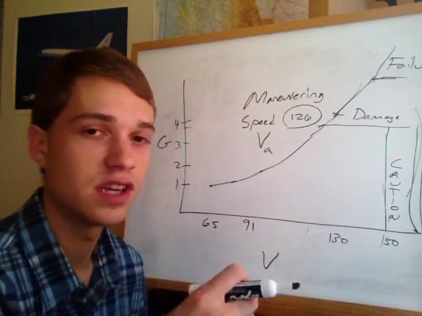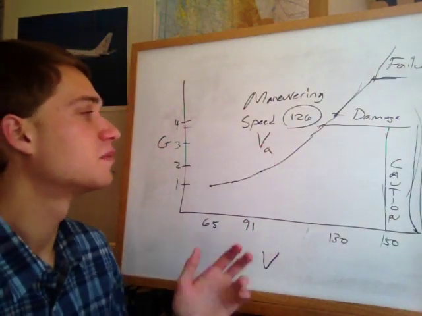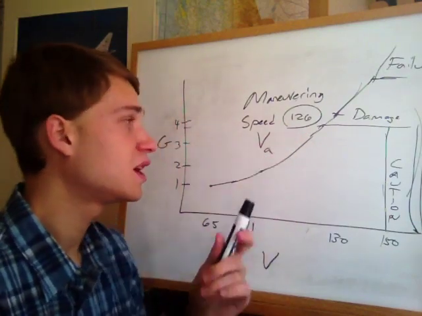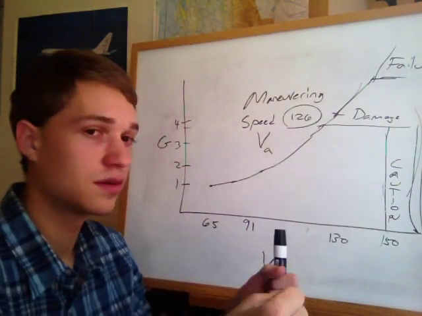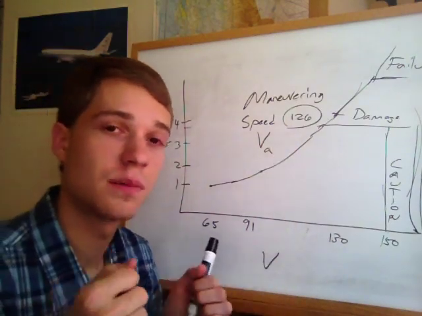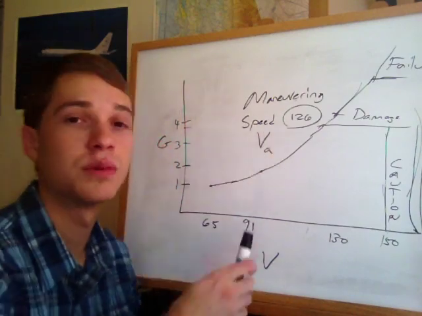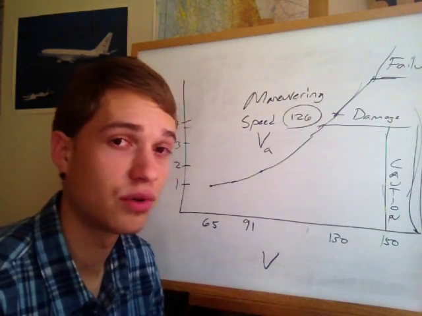There's all these different V speeds, V1, V2, VS, VA. So maneuvering speed, it'll be different for each airplane, but this is the speed at which, as long as you're flying below this speed, you can do whatever you like to the airplane in terms of maneuvering it, and it won't exceed 3.8 G's. It'll stall before it ever gets to that point.